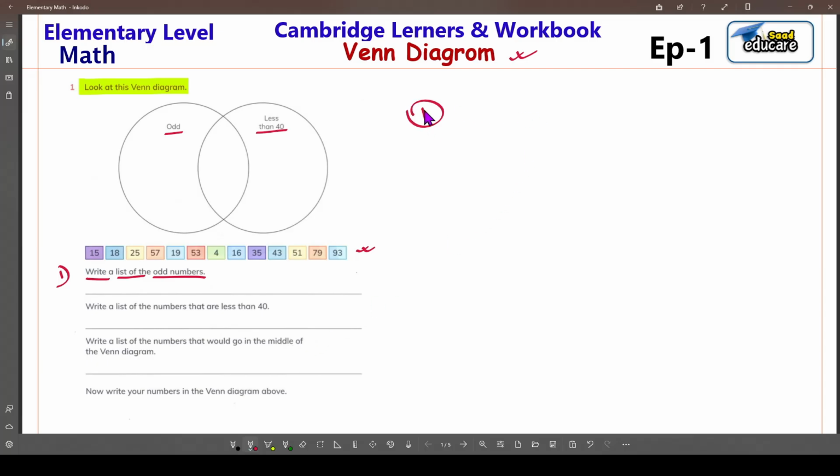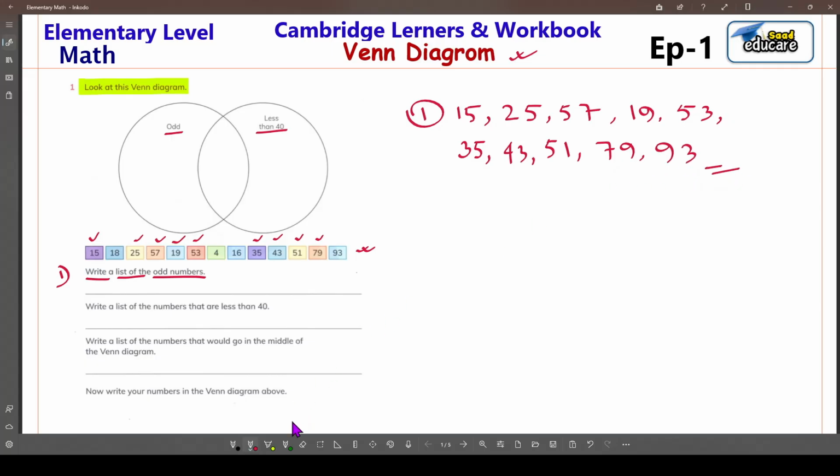So first, 15 is an odd number, then 25, then 57. Once we write and also make a tick: 15, 25, 57, then 53, then 35, 43, 51, and 79, 93.